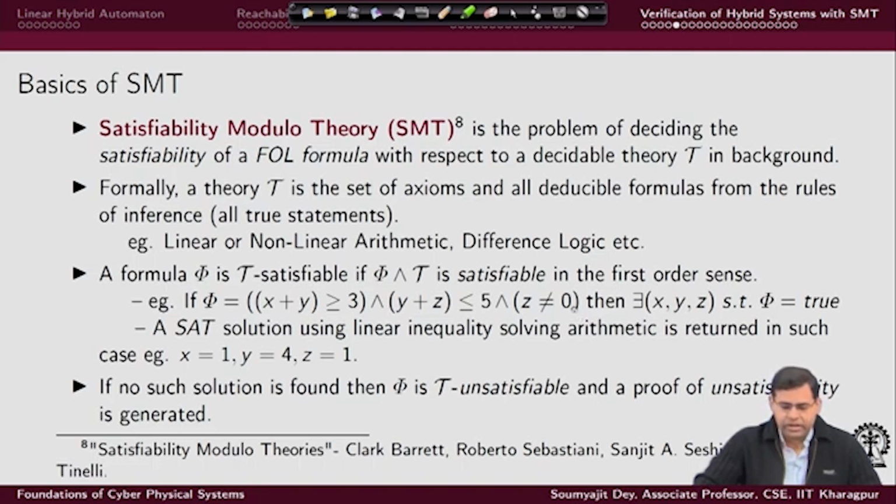So, this is a candidate SMT formula which can be solved when the SMT solver invokes the theory of linear arithmetic to check if this formula holds. Okay. So, if there can be a satisfiable solution to this set of linear inequalities, the solver can return it like this. In case the solution is not found, then this formula is unsatisfiable and a proof of unsatisfiability may be generated by this solver.